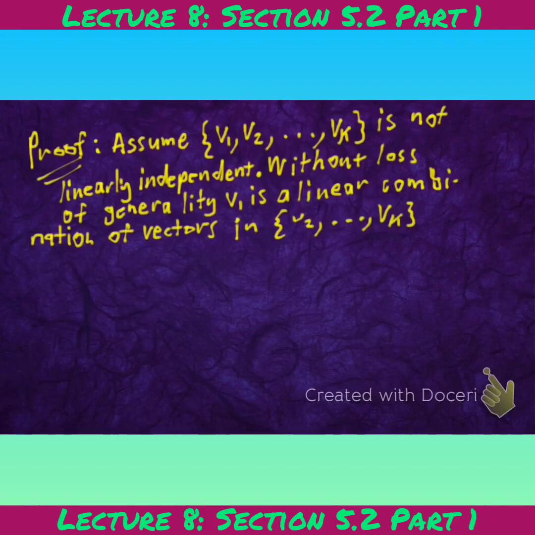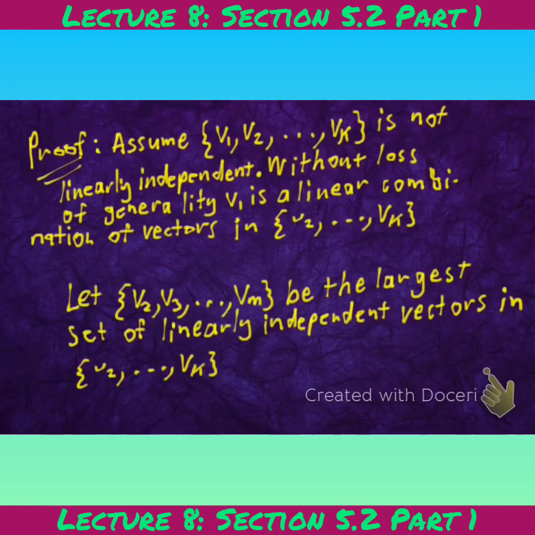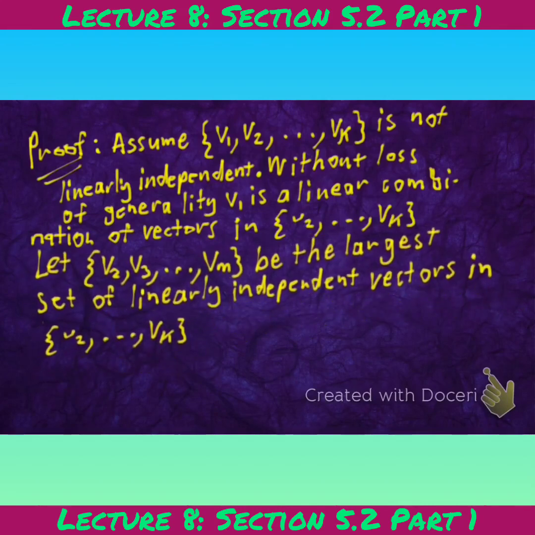All I'm going to do is choose the largest set of vectors within this set that are linearly independent. Okay, and you'll see later on why I'm making that choice. So we can relabel without getting confused. Let's just call V2, V3 up until Vm, where the index m is less than the index k, the largest set of linearly independent vectors within this set.